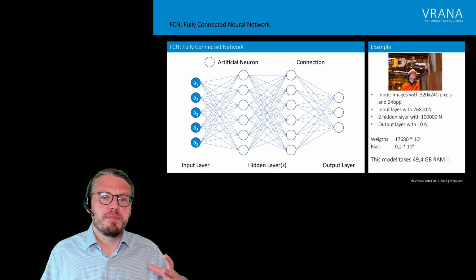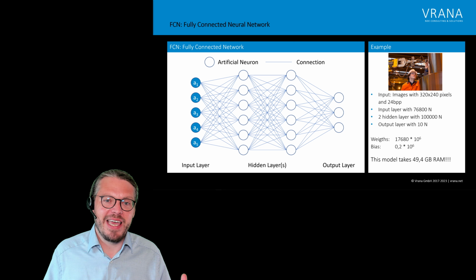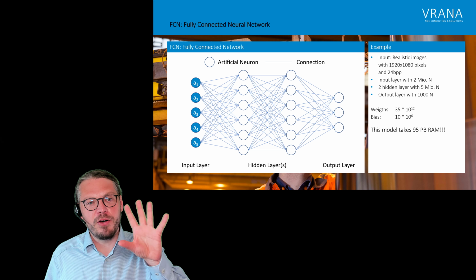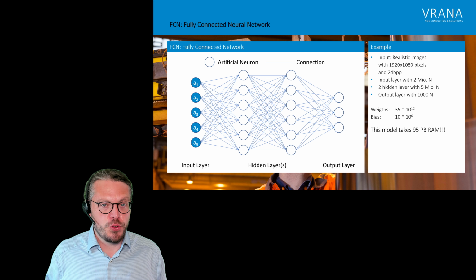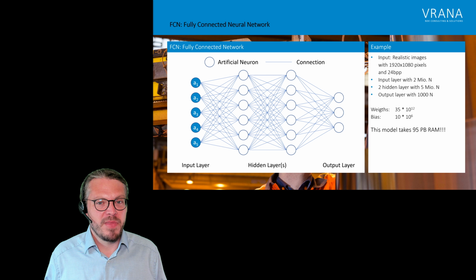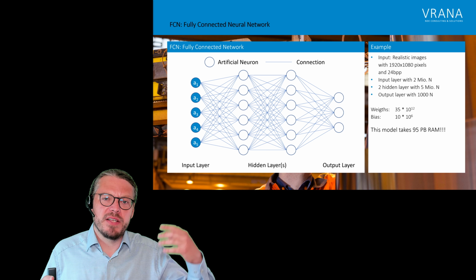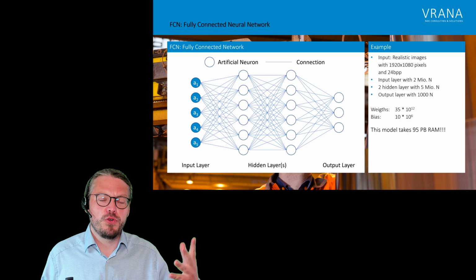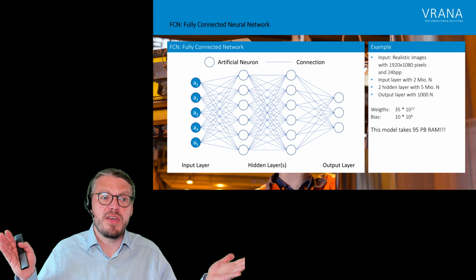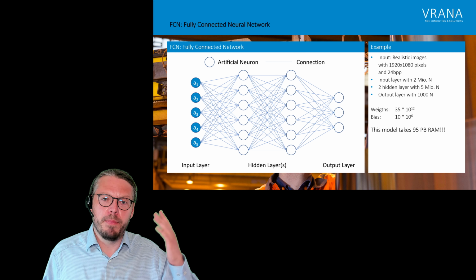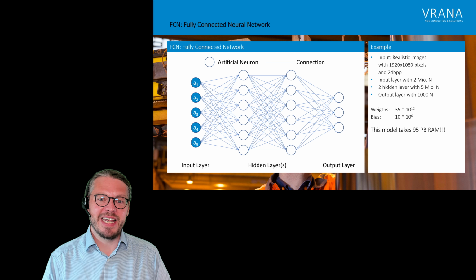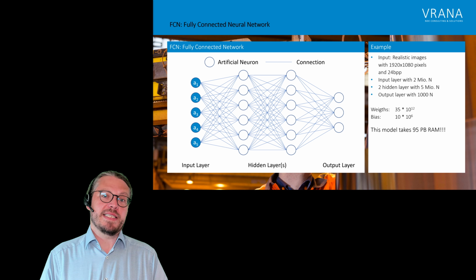Now, if we go to something larger, like a 2 megapixel image, and you see here in the background of this slide, this image, which is behind all the boxes, that's about a 2 megapixel image. And if we then do, let's say, we need an input layer of 2 million, 2 hidden layers with, let's say, 5 million neurons each, and an output layer with about 1,000 neurons, then we get up to 35 times 10 to the power of 12 weights.